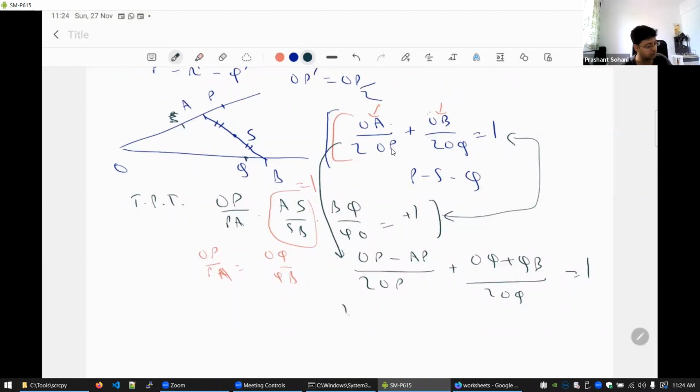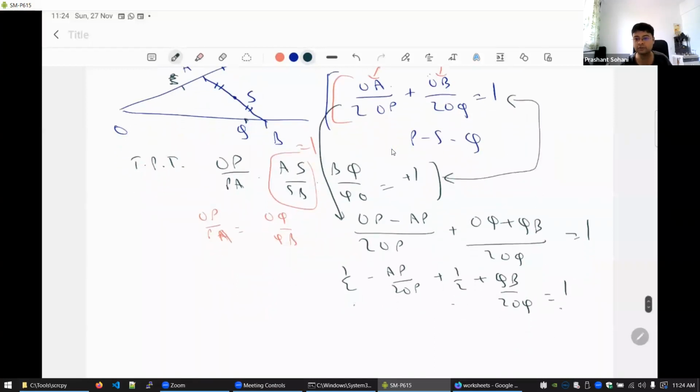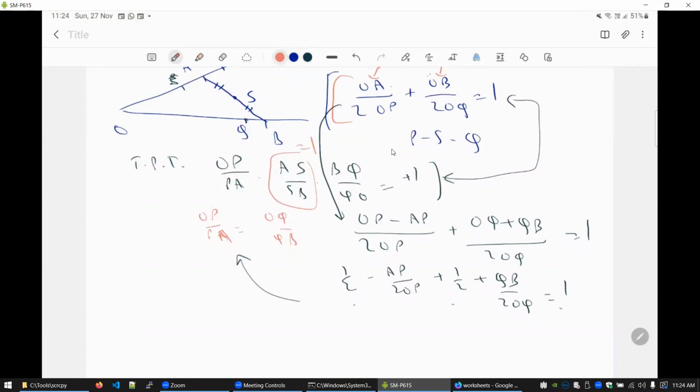Right? So this will be half minus AP upon twice OP plus half plus QB upon twice OQ is equal to 1. And so this half plus half will cancel with the RHS and you will get exactly this term. Correct? Yes, sir. Yeah.